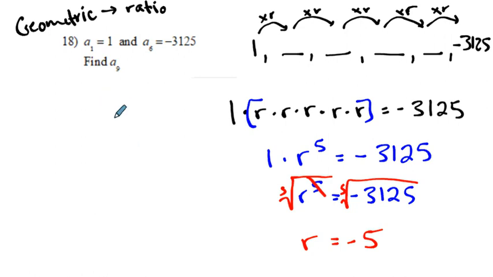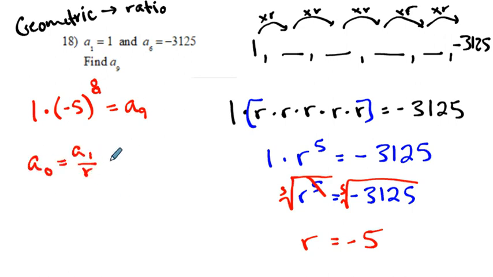So we could do the same thing here, and we could say if I started with 1 and I multiplied by negative 5, how many times do I have to multiply by it to get to term 9? What's 9 minus 1? It's 8. So you could plug in an 8 right there, and you could find term number 9. Another thing that you could do is we could say what is a sub 0?